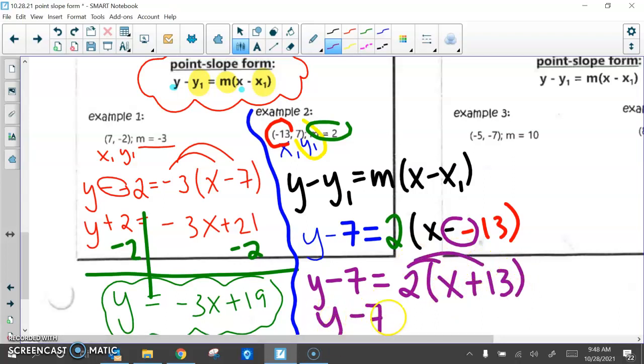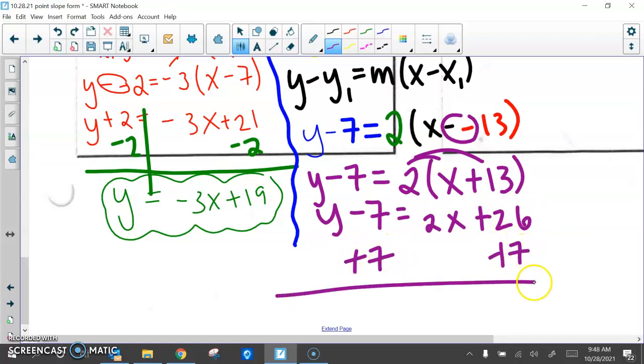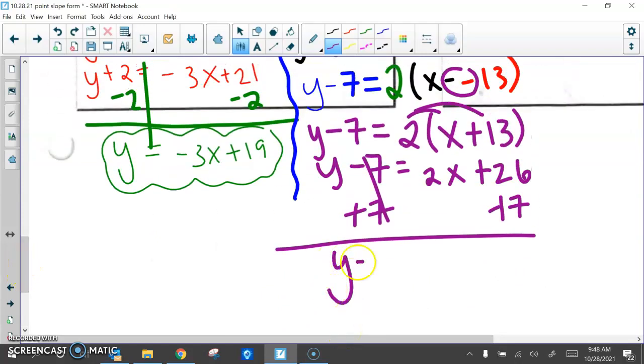So y minus 7 equals 2x plus 26. Last step, add 7 to both sides. So y is going to equal 2x plus 33.